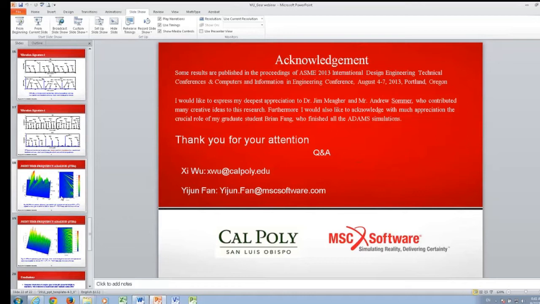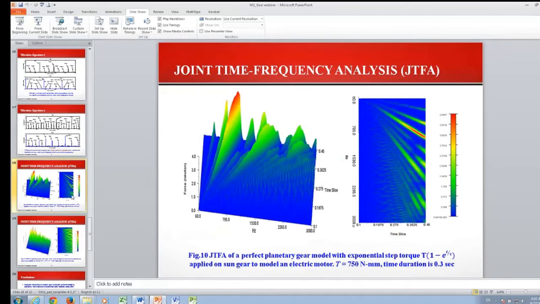Okay. In here, we just do the simulation, the same thing. Then when you go to the post-processing, you plot the time domain plot. On the top of the plot, there's a drop-down window, so you can choose 2D FFT.